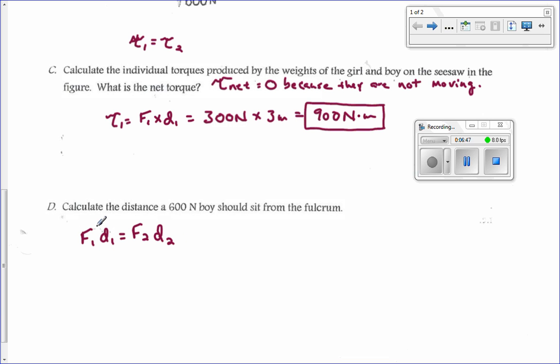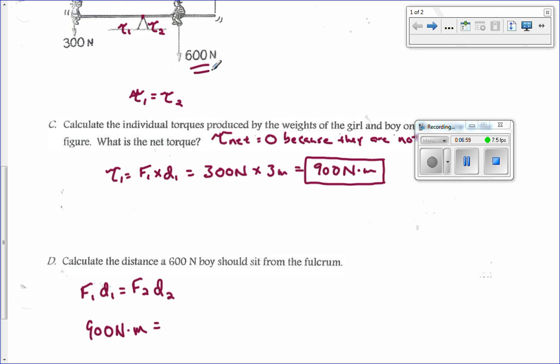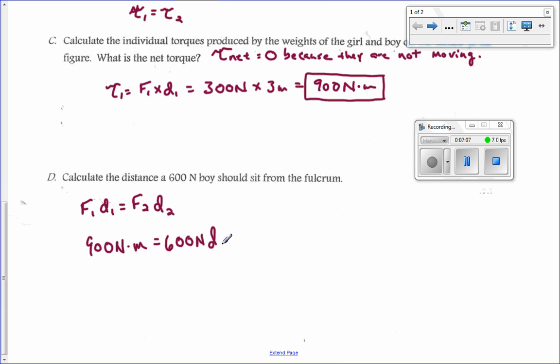Force 1 times distance 1 we found to be 900 newton meters. Force 2 we know to be 600 newtons. And distance 2 is unknown.